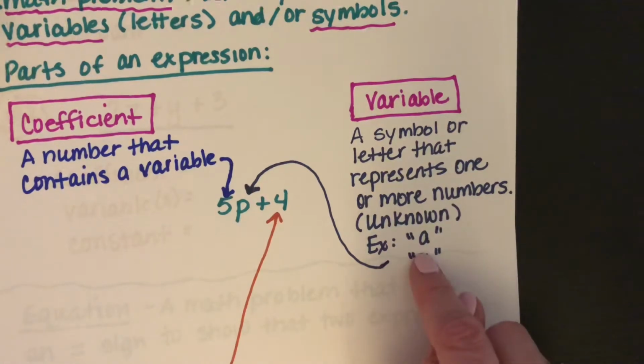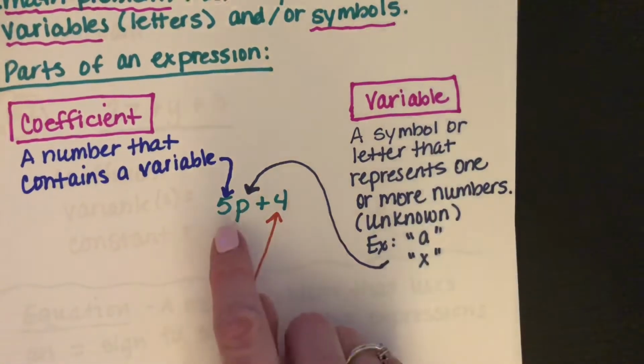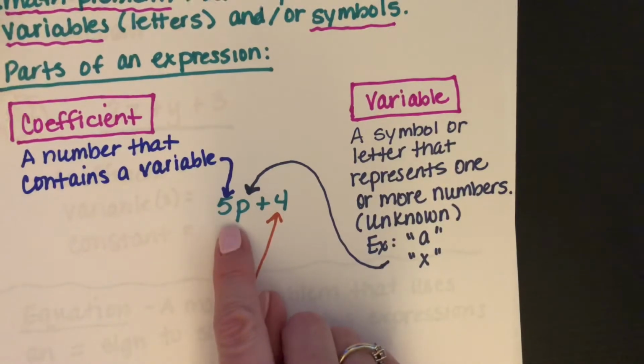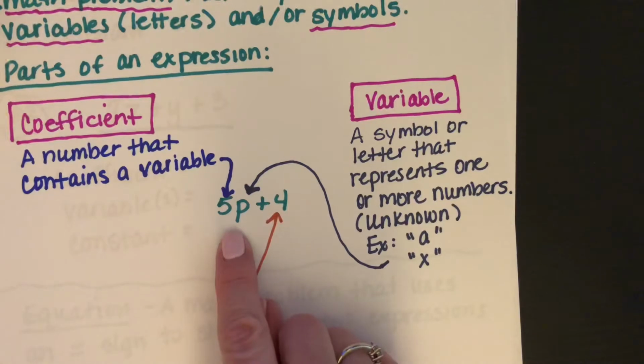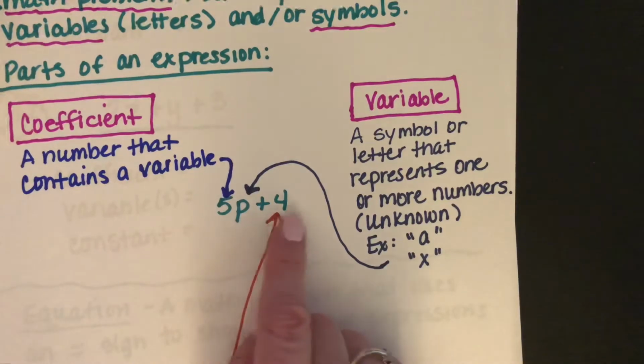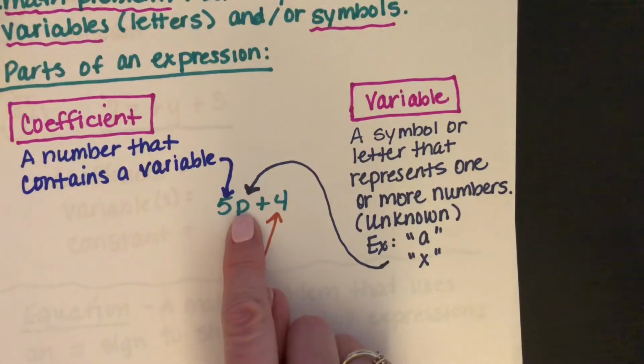For example, we used A or X. In our expression here, 5p plus 4, our variable is p. You can use any letter you choose for your variables. However, we highly recommend that you do not use O because O could be misunderstood for 0. So in 5p plus 4, the variable is the letter P.